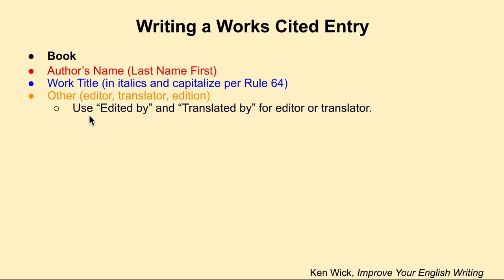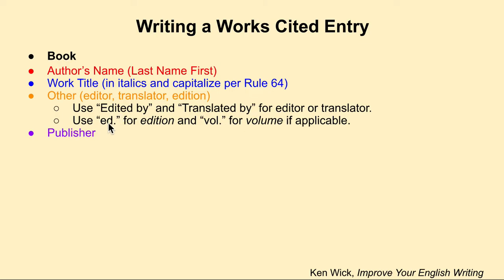And then some notes. You would put edited by or translated by for an editor or translator. And for an edition, use ed. for edition, and vol. for volume, if applicable. The editor and translator is also if applicable. Then you put the publisher. Then you put the publication year.